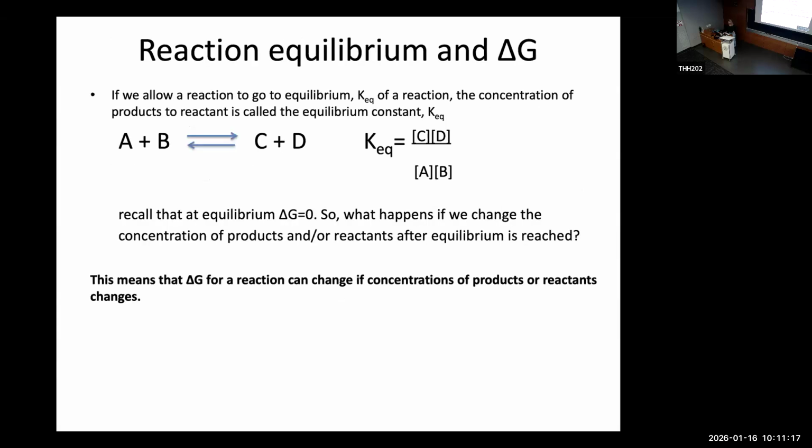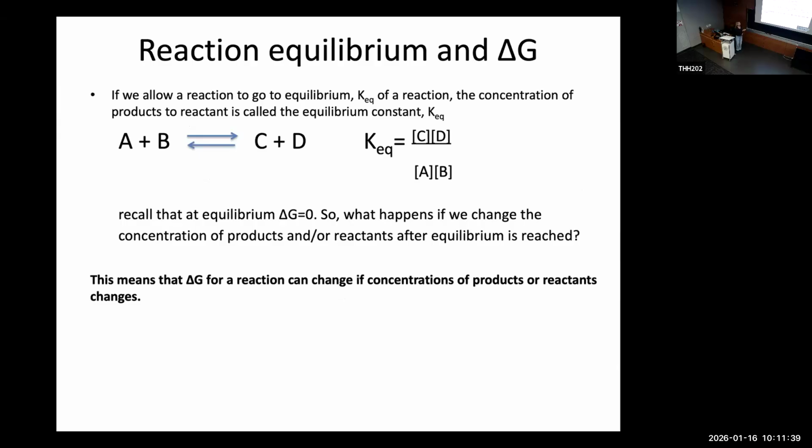Okay, so if we have a generic reaction like this, and we add A and B, and we let the reaction happen, at a certain point, the reaction will come to equilibrium. If there's no enzyme there, it might be really slow, it might be years.